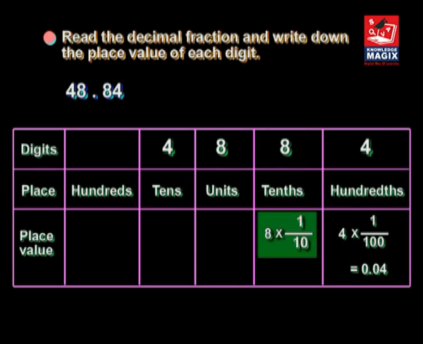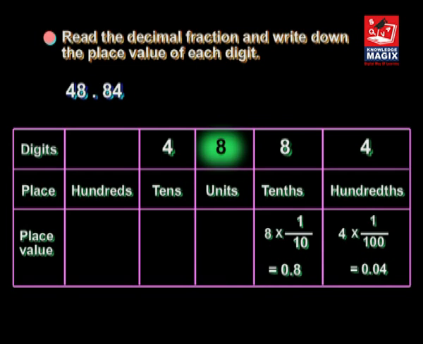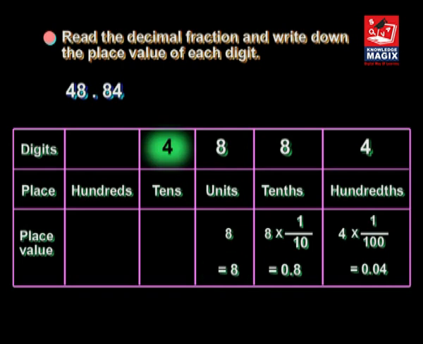So 8 into 1 upon 10 is equal to 0.8 is the place value. In the units place the digit is 8. So place value is 8. In the tens place the digit is 4. So the place value 4 into 10 is equal to 40.